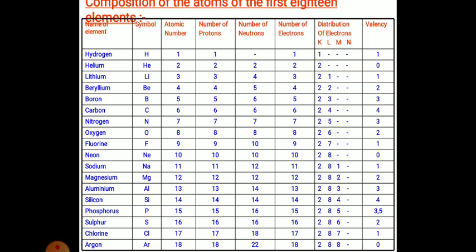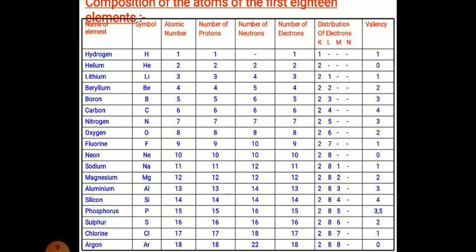Its atomic number is 11, and the number of protons is 11. The number of neutrons will be different, that is 12, because its atomic mass is 22.98 in the periodic table, so we have considered it as a whole number, 23. Calculating the neutrons, it becomes 12, and the number of electrons is 11 in sodium.